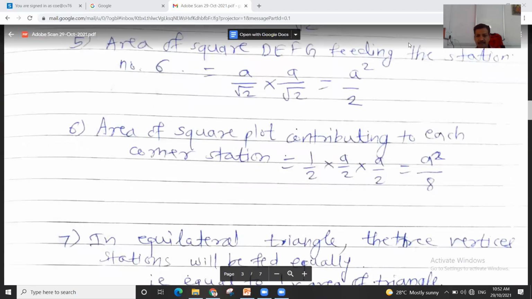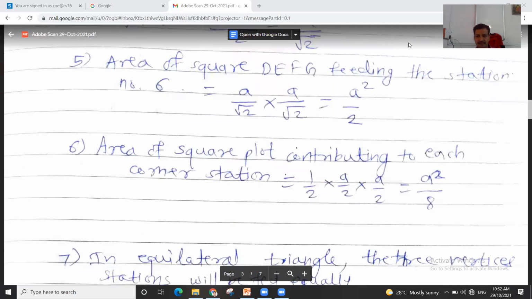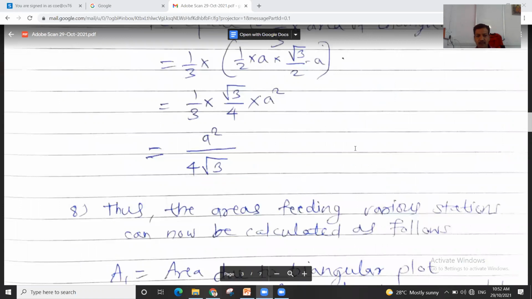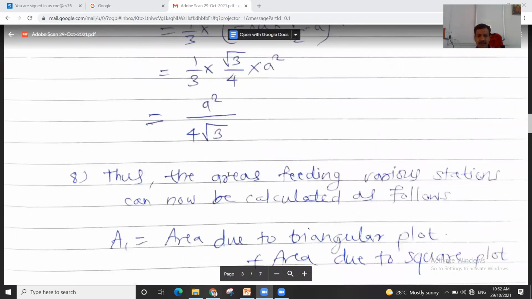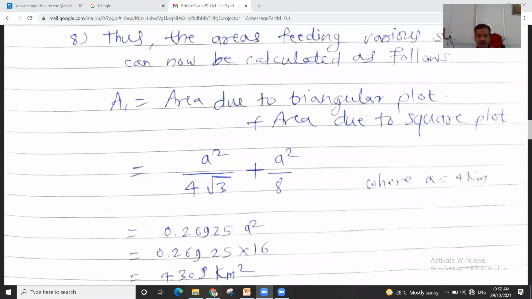जे आपण काढलं दोन्हीचे addition. A square by 8 area of square plot, and area of triangular plot is A square by 4 into root of 3.